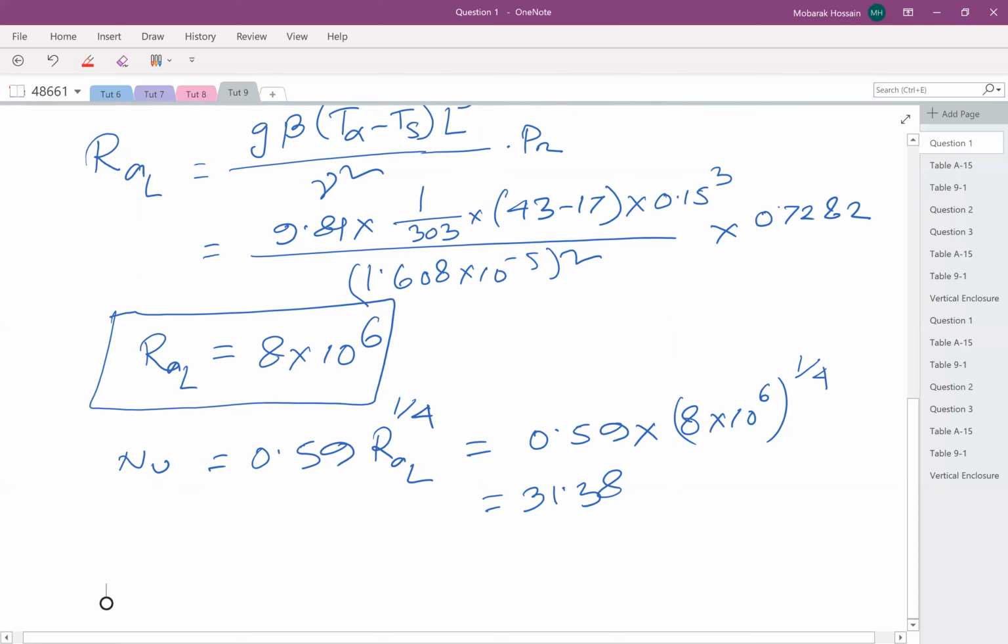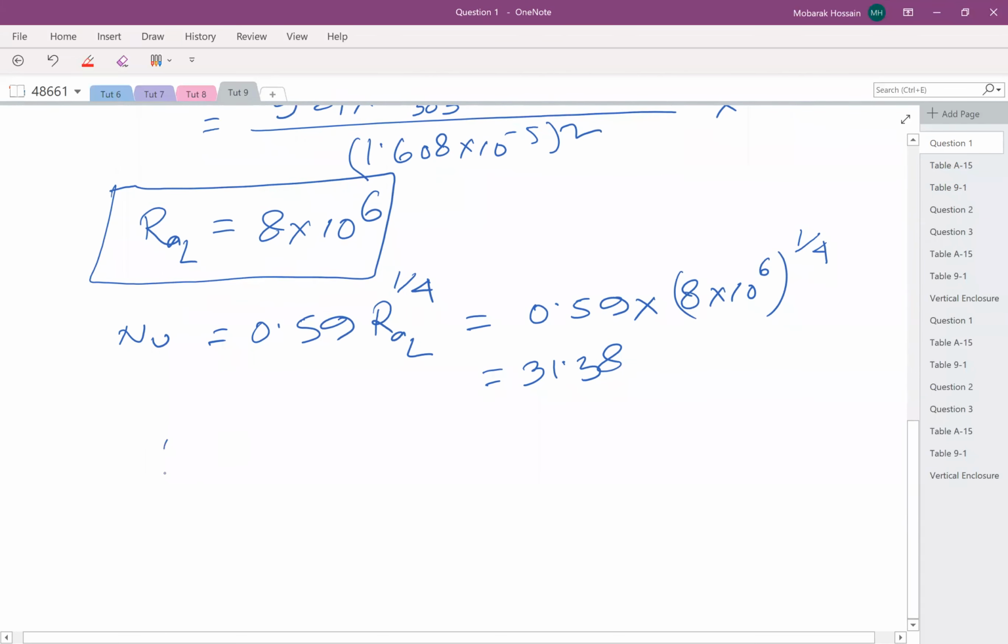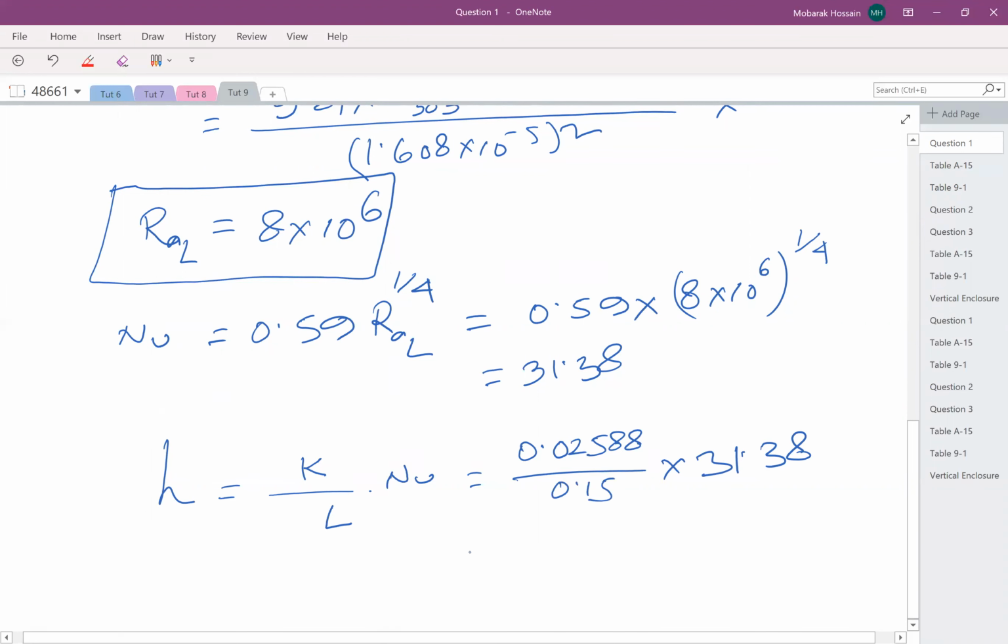Now the heat transfer coefficient we can calculate from k times Nusselt number over the length of the can, from this formula. So here k, the thermal conductivity, is 0.02588, Nusselt number is 31.38, and over 0.15.